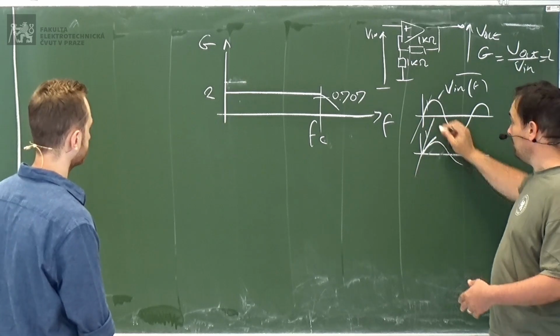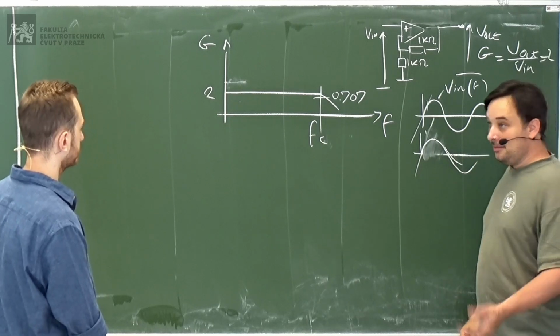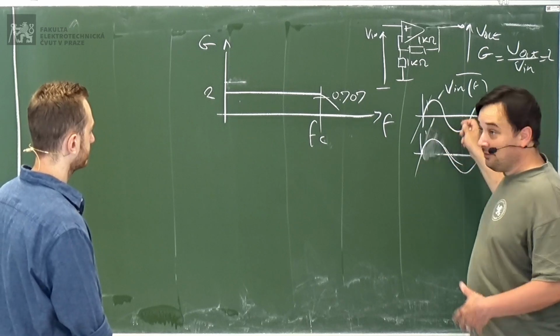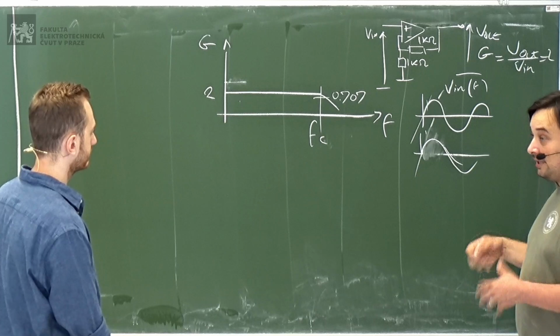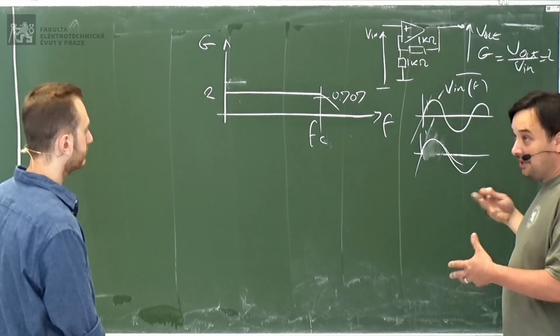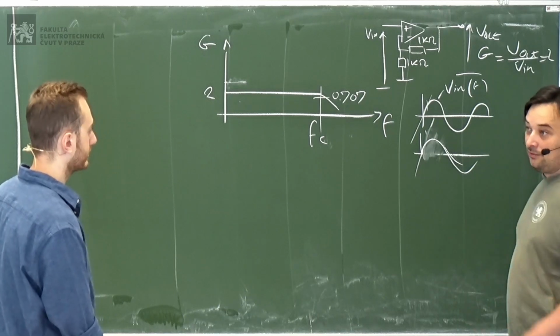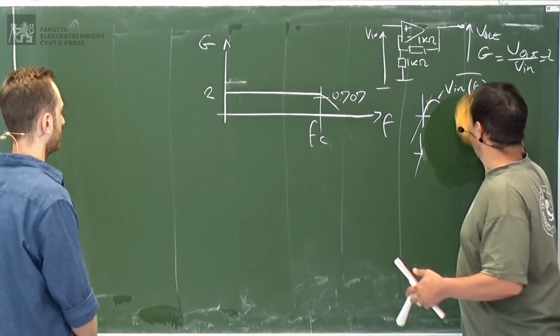If it's slow, it will follow the input, okay? But if the frequency is too large, the input has a rate of change, a speed of change, too fast for the amplifier, so the output is not able to follow the input. To keep up. Yes, to keep up, exactly.